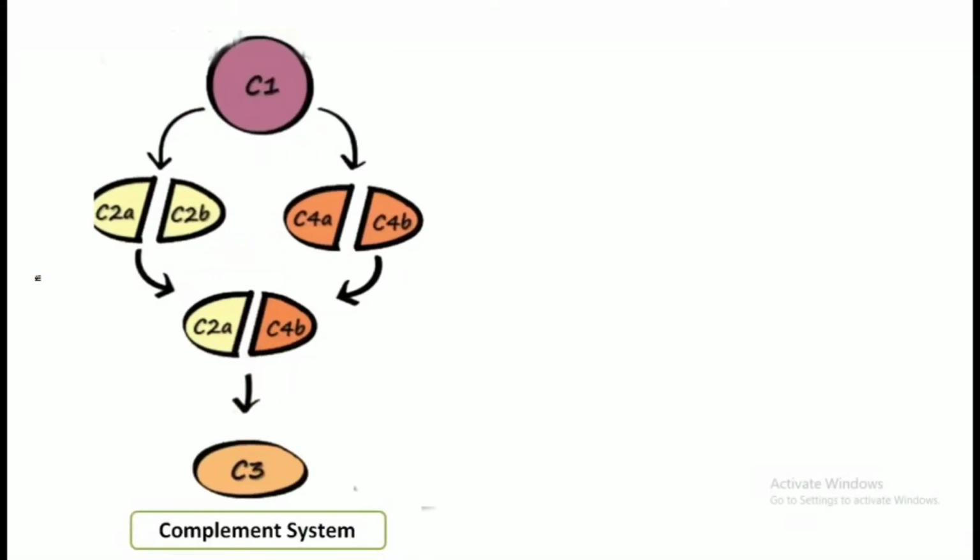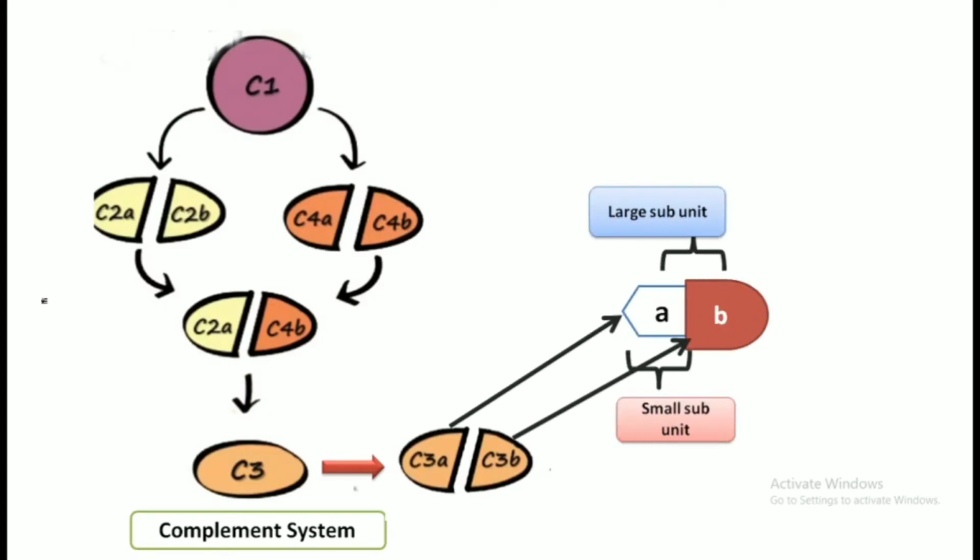The complement system consists of various complement proteins like C1, C3, C3b, etc. These proteins have different domain structure, a large subunit and a small subunit. The complement protein has a property of getting dissociated by cleavage when attached to the antibody.